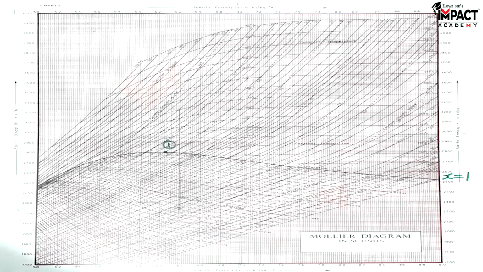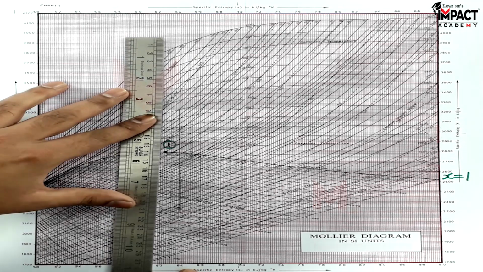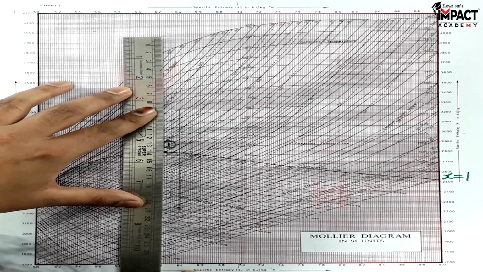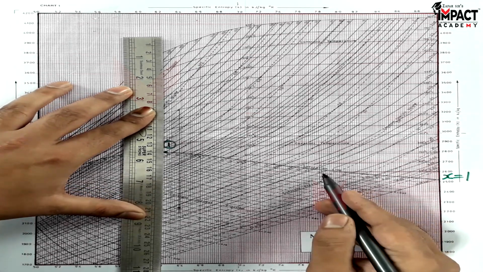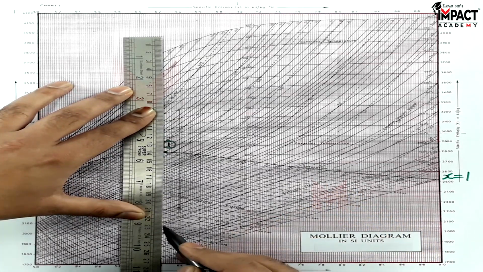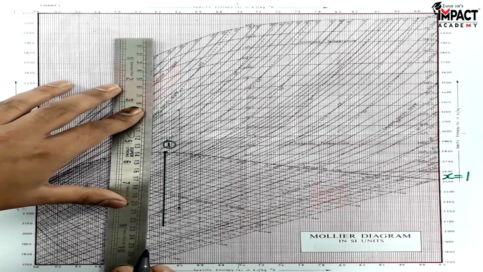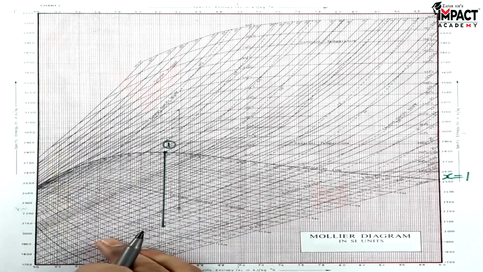So for that I have to keep a scale over here and draw a light line dropping vertically up to a pressure of 0.2 bar. So here we have 0.2 bar pressure, and here I am getting the second point.